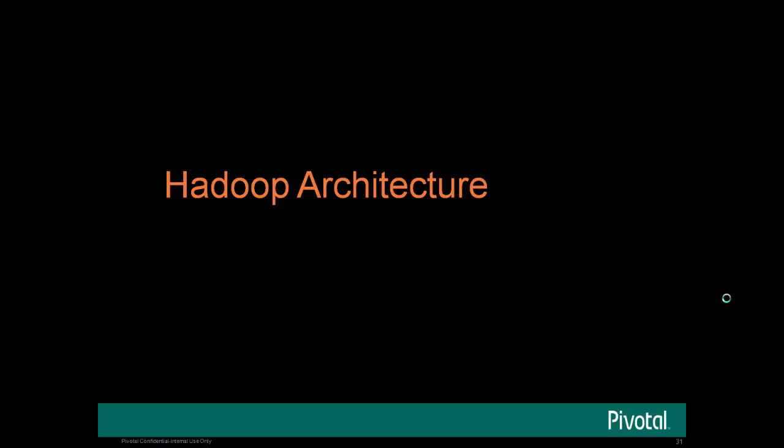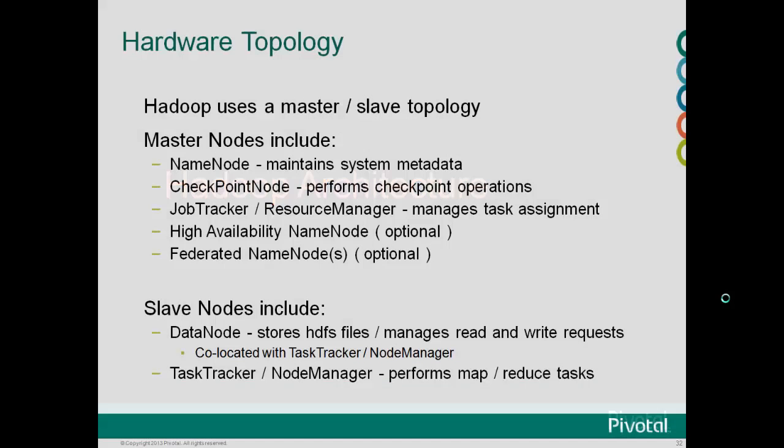Hadoop architecture. Hadoop uses a master and slave topology. Master nodes include what is referred to as the name node, which maintains all the metadata for the cluster, a checkpoint node, which performs checkpoint operations on behalf of the name node, a job tracker or resource manager, which manages task assignments, a high availability name node if one is required, and federated name nodes.